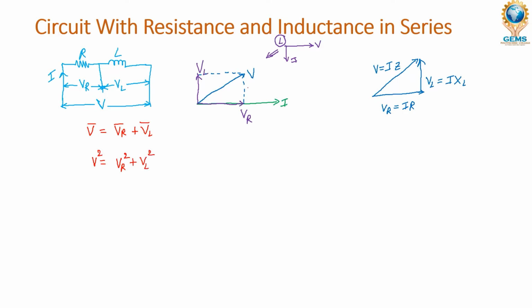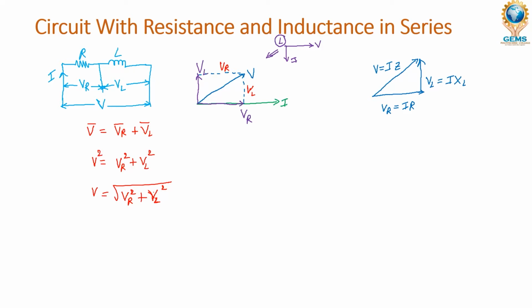So V equals square root of VR square plus VL square.